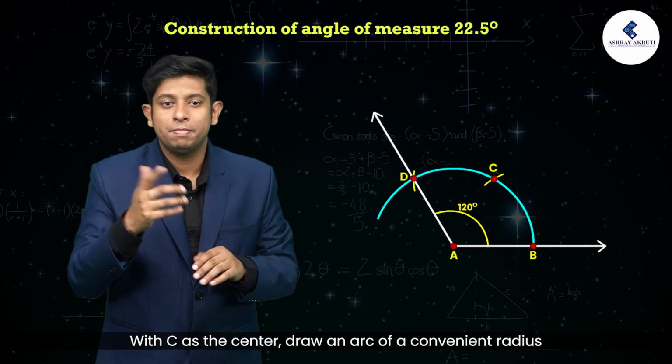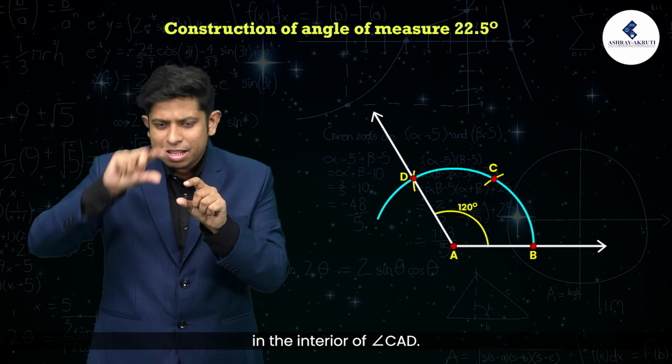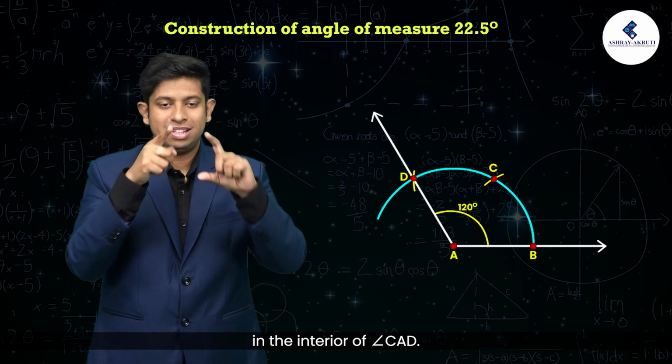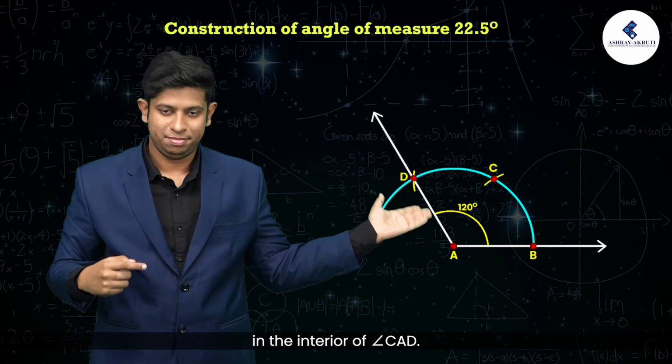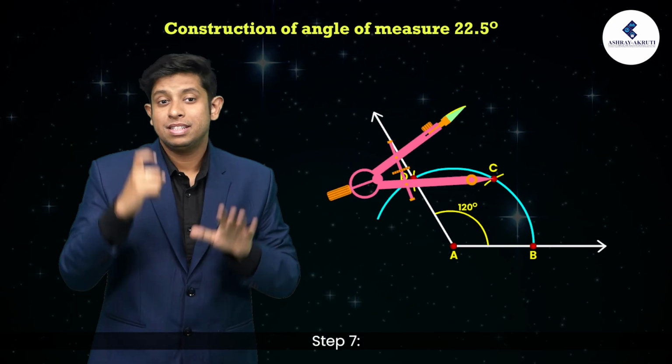Step 6. With C as the center, draw an arc of a convenient radius in the interior of angle CAD. Step 7.